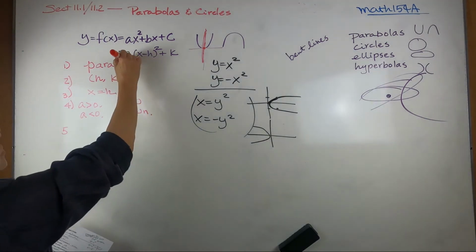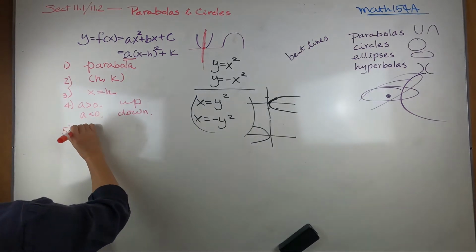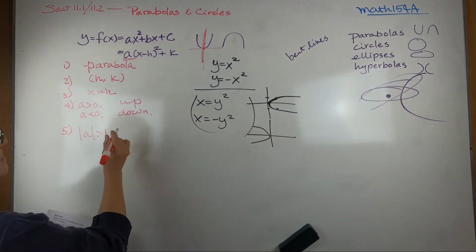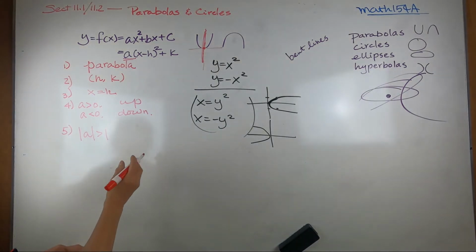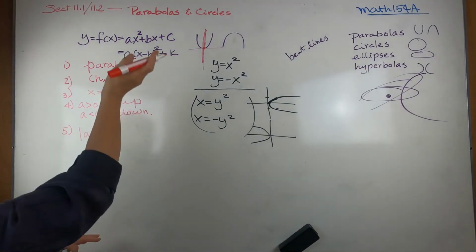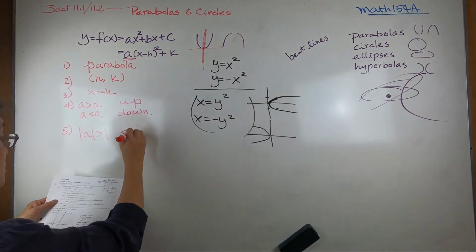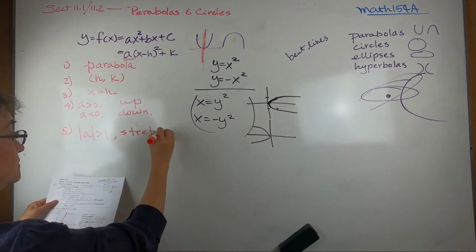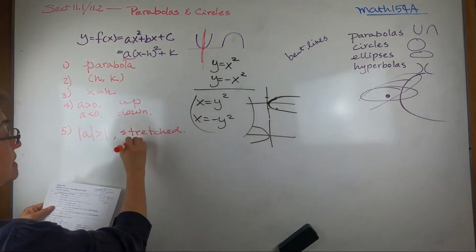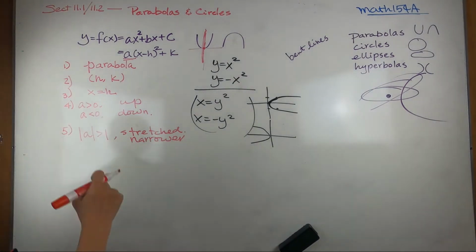Then also the leading coefficient, if it's bigger than 1, it doesn't matter if it's up or down, right? So it's bigger than 1, that means what? y shoots up quickly, then it will be stretched narrower, right? y stretched up.